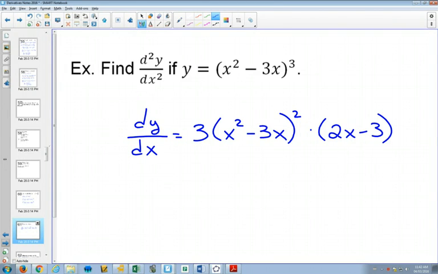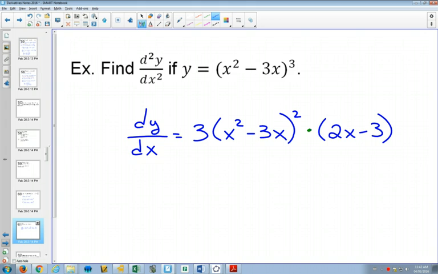Now what are we going to have when we do the derivative again? Chain rule and product rule. Right? So here's our product. Here's one function multiplied by another function.